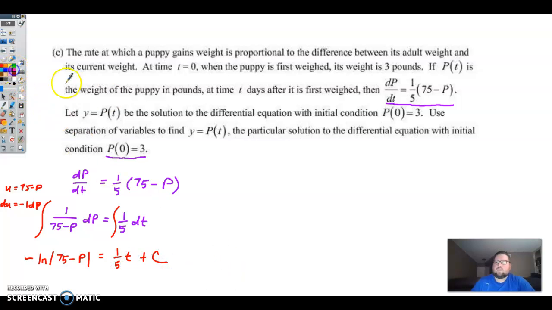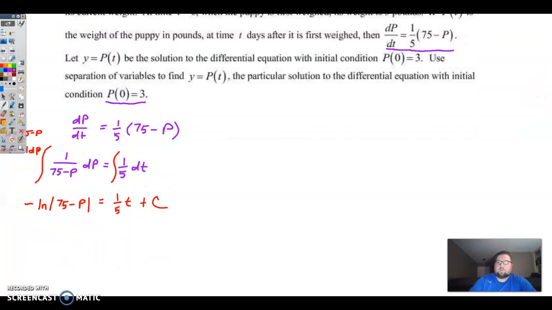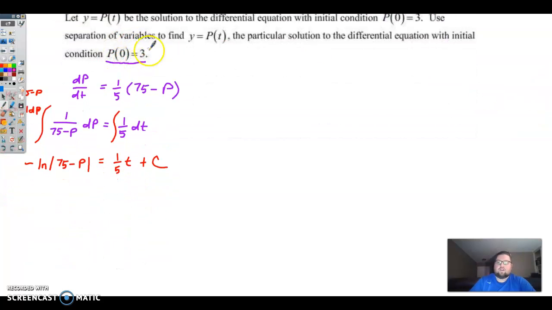All right, like we've done on our previous problems, I want to go ahead and plug in our initial condition right now. So I'm going to plug in 3 for p. So I end up with negative natural log of 72. And I don't really need the absolute value bar there. Get my 72 back.